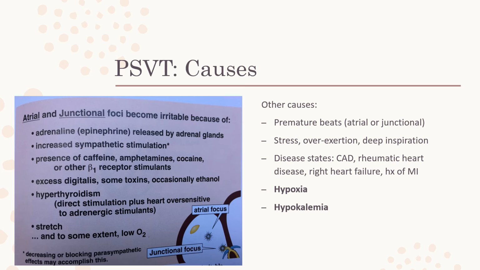So what are the causes of PSVT? The atria and junctional foci become irritable for several different reasons. It can be due to adrenaline or epinephrine release by the adrenal glands, increased sympathetic stimulation, presence of caffeine, amphetamines, cocaine, or other beta-1 receptor stimulants, excess digitalis, some toxins, sometimes alcohol, hyperthyroidism.